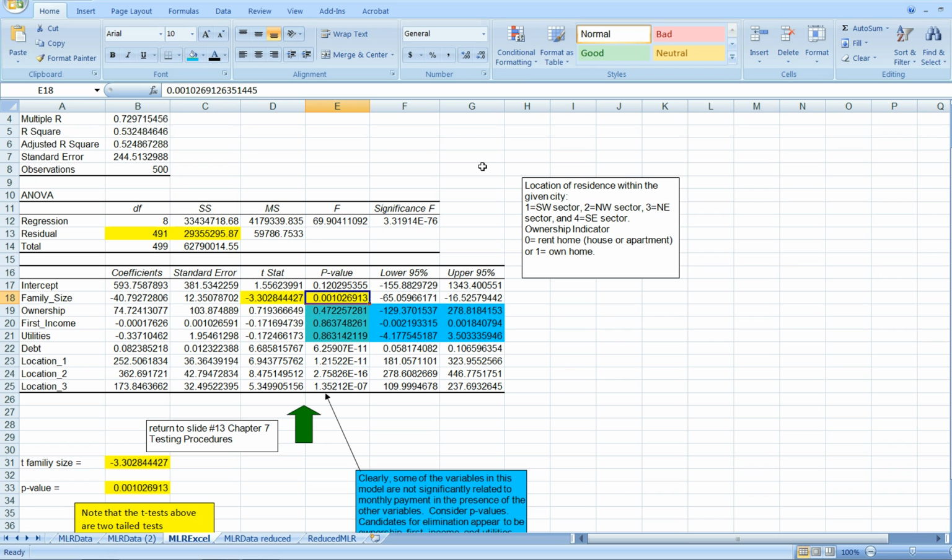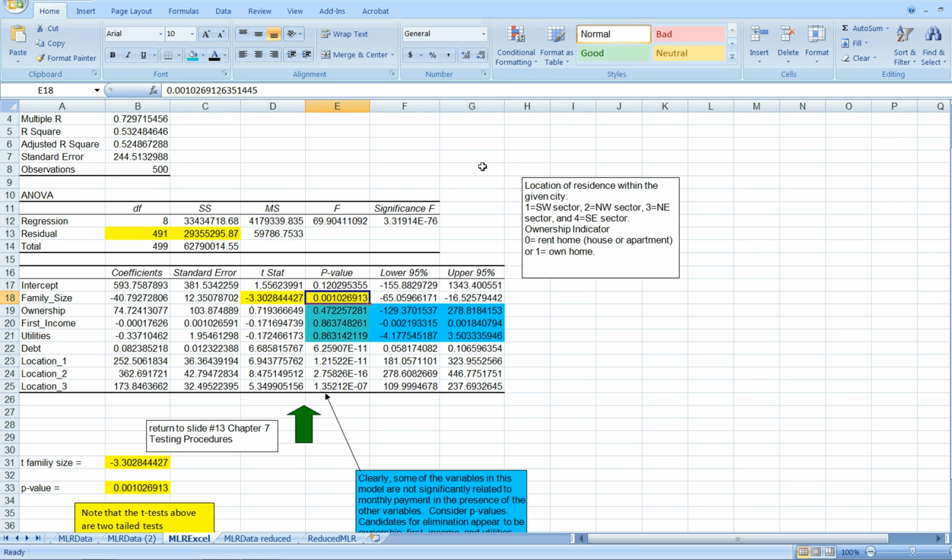Now keep in mind, what's the null hypothesis? The null hypothesis is that the regression parameter associated with the variable family size is equal to 0 versus not equal to 0. And you might remember, I've said it before, the ditty that you'll want to keep in mind is if p is small, reject the null. And in this case, the p-value associated with testing the significance of the regression parameter associated with the variable family size is quite small, 0.001.